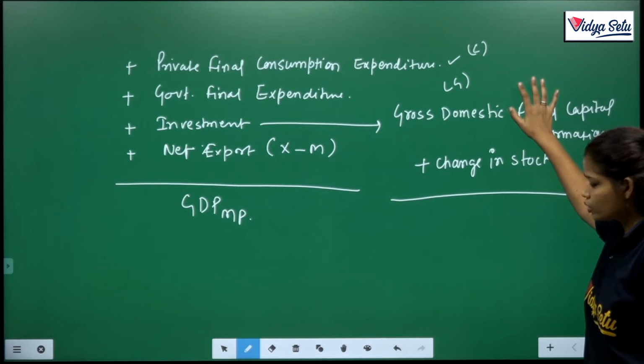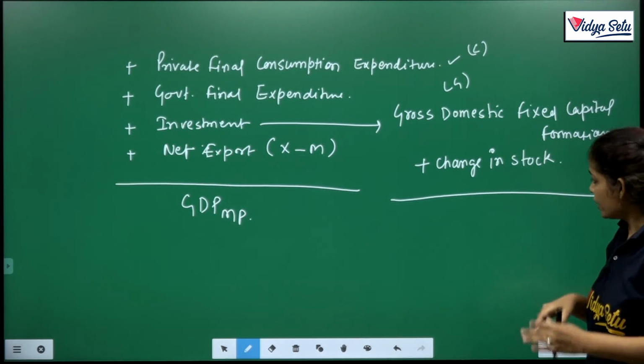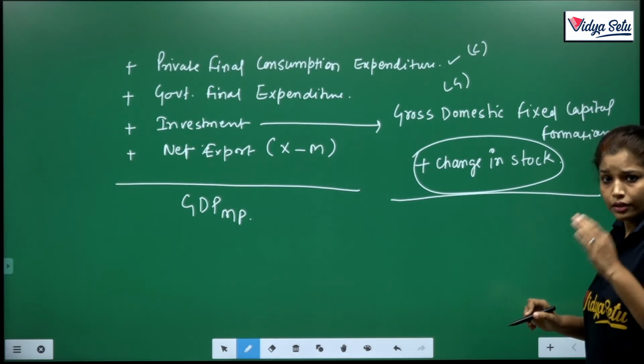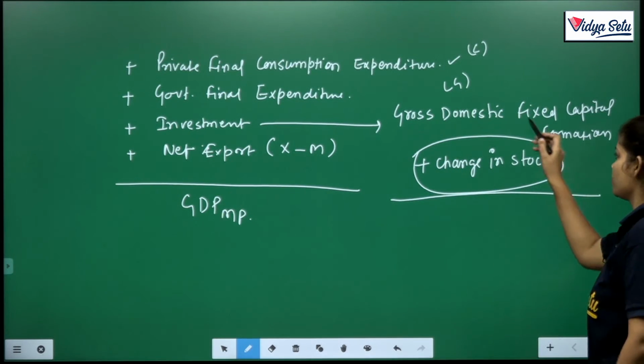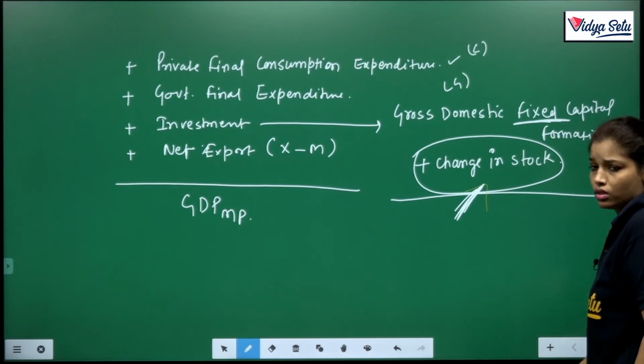If there is no fixed word, then we just use gross domestic capital formation. Then we don't give the adjustment of this. If there is the word fixed capital formation, then we have to give the adjustment of change in stock. Clear?